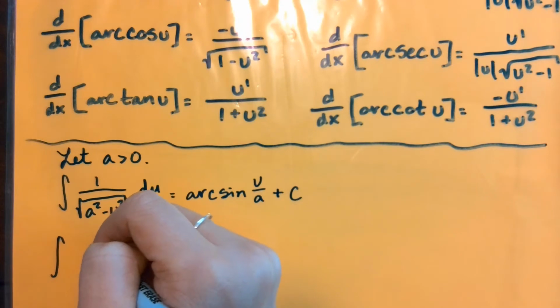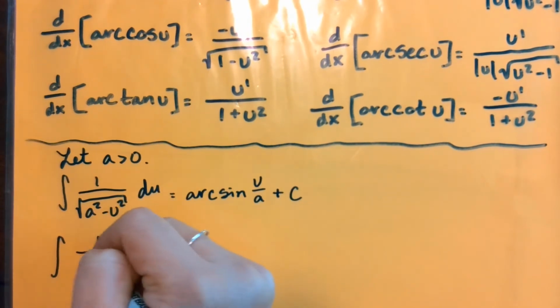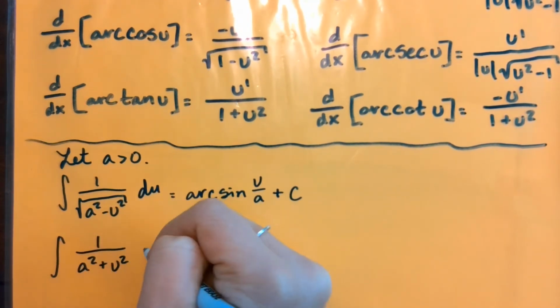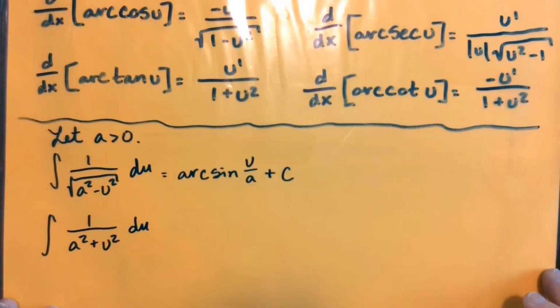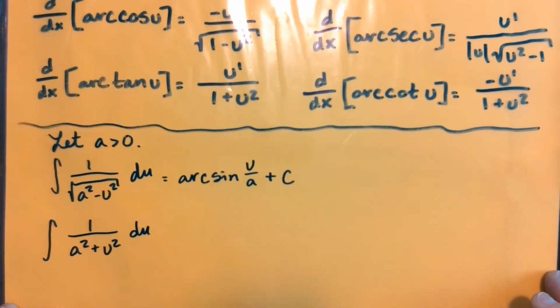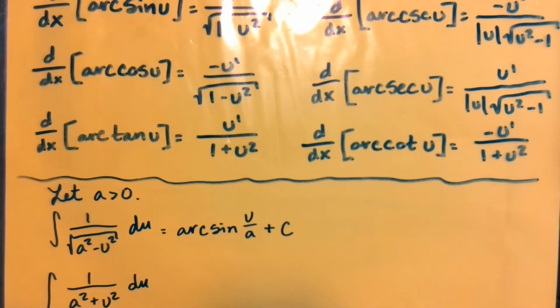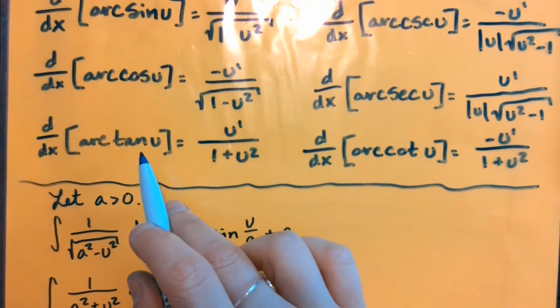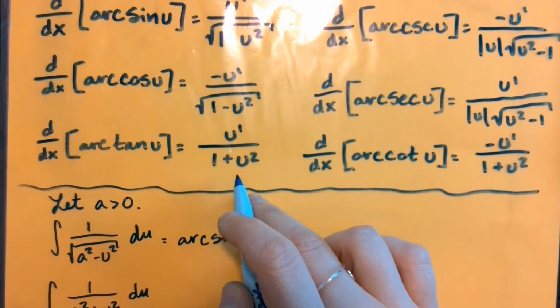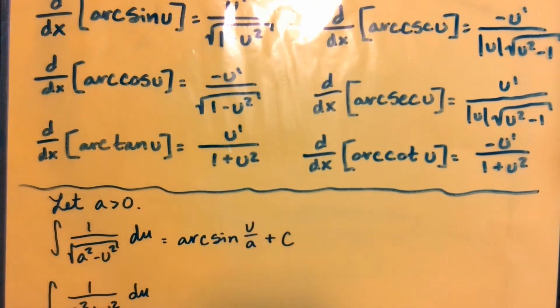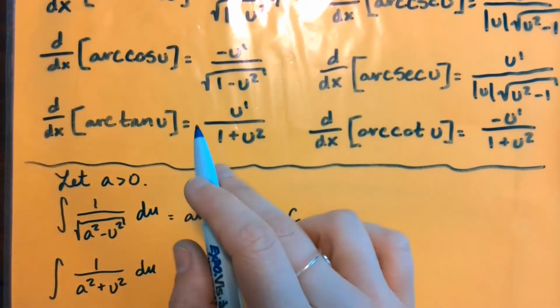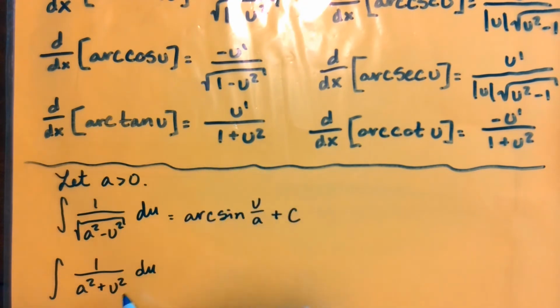So another example, if you had 1 over a squared plus u squared du, notice that the tangent and cotangent are the only ones that don't have radicals in them. So I'm looking at arctangent because it was the positive version, and I've got that a squared instead of 1, that's okay, and then my plus u squared, and I've got my du for my u prime.